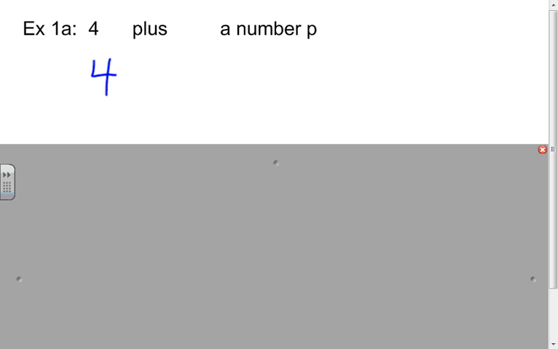A number p just means that can stand for any number. So that's my variable. And the word plus turns into the plus sign when I translate into expressions. So the words 4 plus a number p turns into the expression 4 plus p.